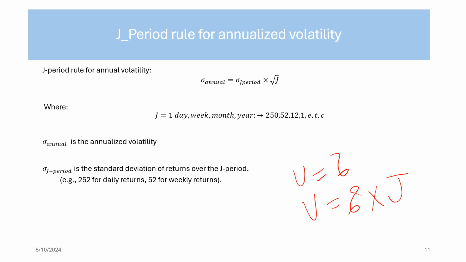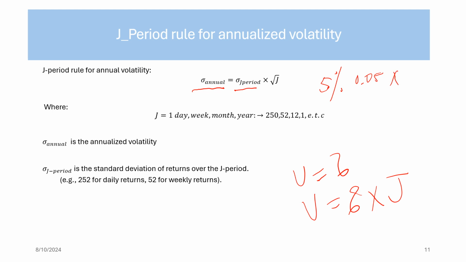This now brings us to introducing the J rule. Some people call it the I rule or whatever, or just a day period rule for volatility. Let's suppose we're looking at an annual volatility. We're going to take this J period rule. Let's say we've calculated the standard deviation of the entire return to be about 5%, or just 0.05. We need to adjust it.